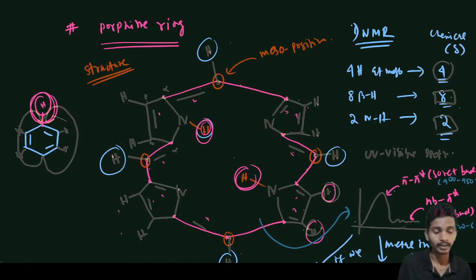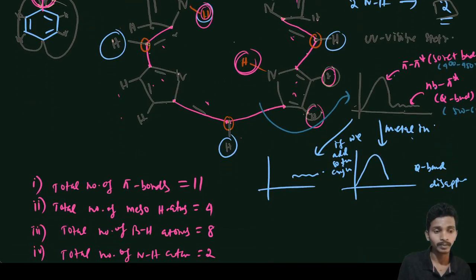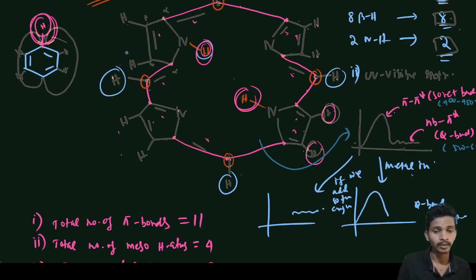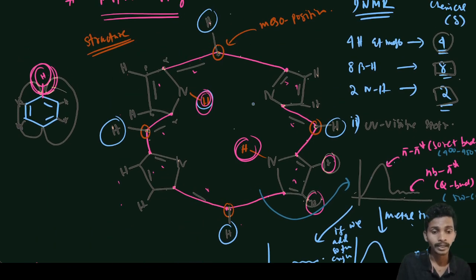And for IR, IR spectroscopy is rarely used for characterization of porphine rings, because the NH bonds are there, and NH bonds appear in IR at around 3300 to 3400 centimeter inverse, and the OH bond also appears at 3300 to 3400 centimeter inverse.